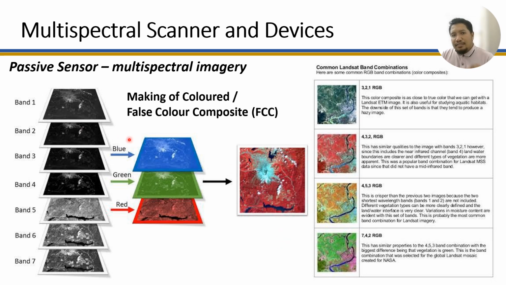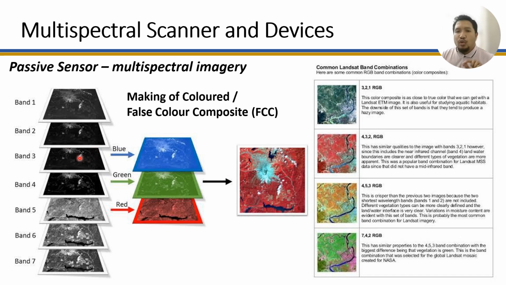And then we need to understand the term color composites. This will be covered in our lab, but I'm going to talk in general about the color composites involved in the passive sensor. Color composites are created by combining 3 or more spectral bands from a multispectral image into a single color image.